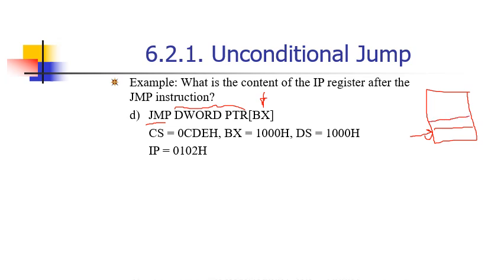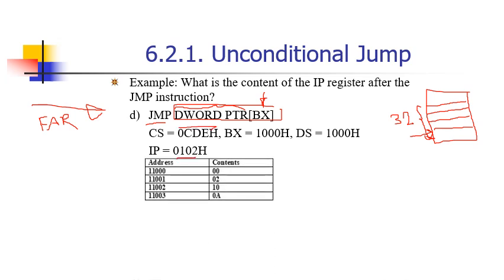You go one place up, another one place up, a third one place up to collect 32 bits. And of course, when your operand of the jump is 32 bits, this is a far jump, which means you would have to change both your CS and IP.